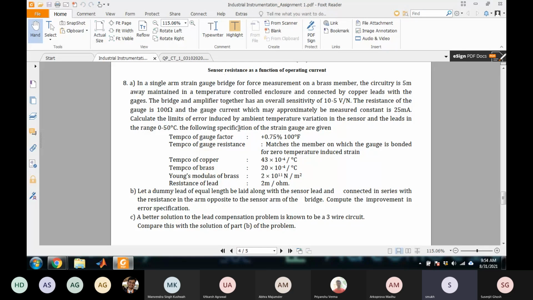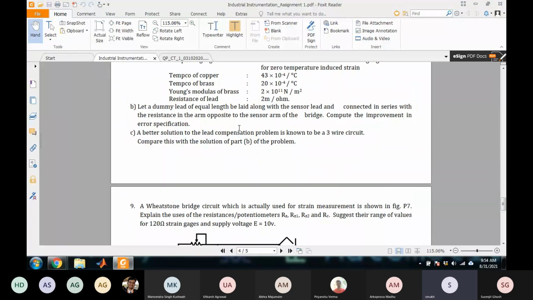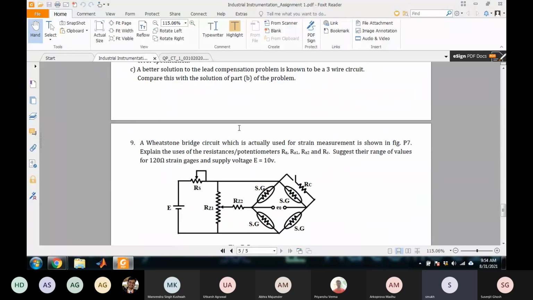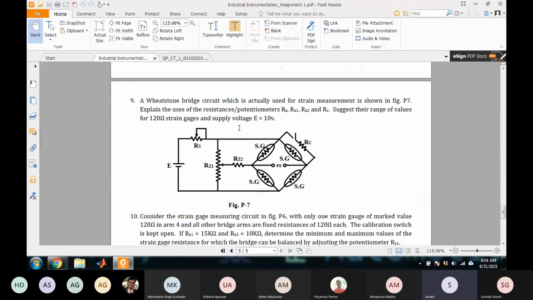We have discussed this, that sometimes we connect a dummy lead so that we introduce an equal and opposite error for error correction. Then there is a 3-wire circuit. Go below. 3-wire. Then there is another bridge whose offset and sensitivity correction circuit is given.